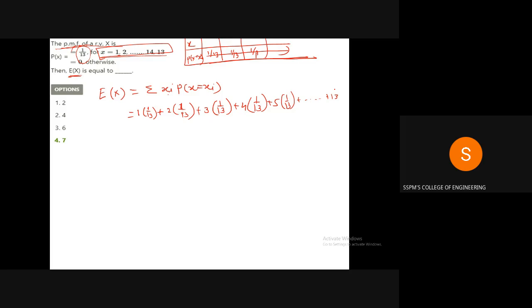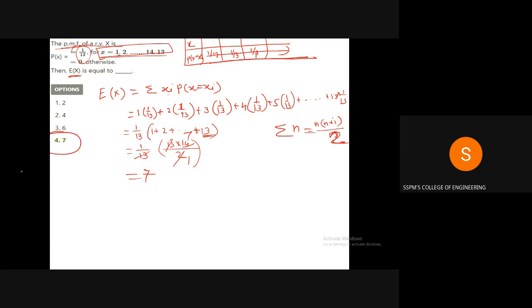This is the simple formula for the summation of the first n terms, given by n into n plus 1 divided by 2. So for the first 13 terms it is 13 into 13 plus 1, that is 14, divided by 2. So this 13 and 13 will get cancelled. 2 ones are 2, 2 sevens are 14. So the answer will be 7.